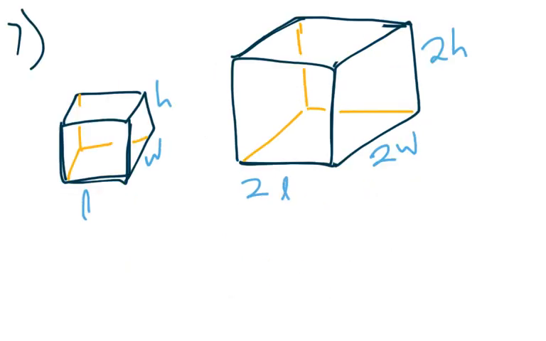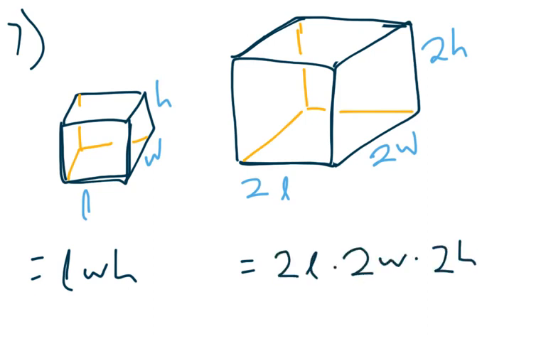Okay, let's look at number 7. So over here, it says, in a rectangular solid, how many times greater is the volume if you double the length and the width and the height? So in your first box, you have length times width times height, and in your second box, you have 2L times 2W times 2H.